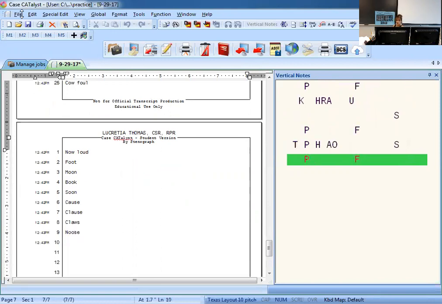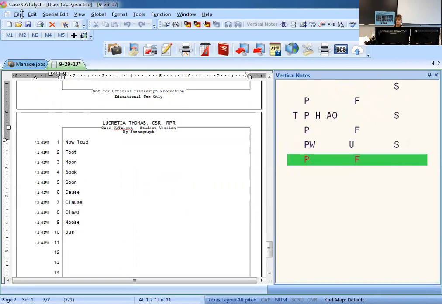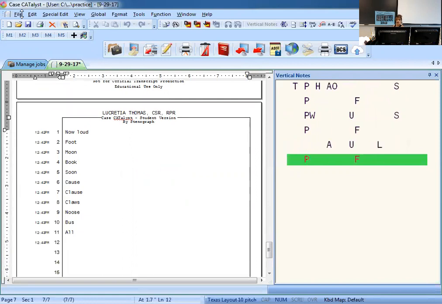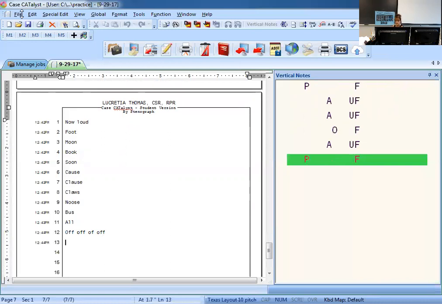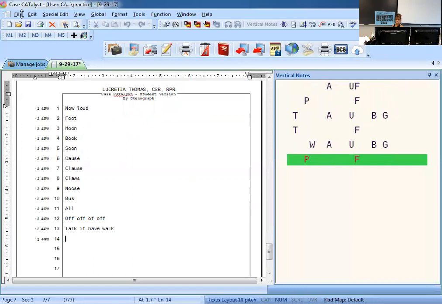A-O equals O-O. Bus is B-U-S, bus. Very important, you got to write all, A-U-L. Off is A-U-F. It's the ah sound, off. If I were to write O-F, that's of. So it's the A-U-F, okay? Very important that you all know that. Talk, I don't pronounce the L, so it's T-A-U-K. Walk, W-A-U-K. Okay? Very important that you all read everything.